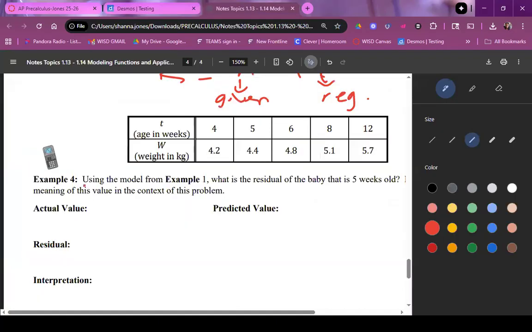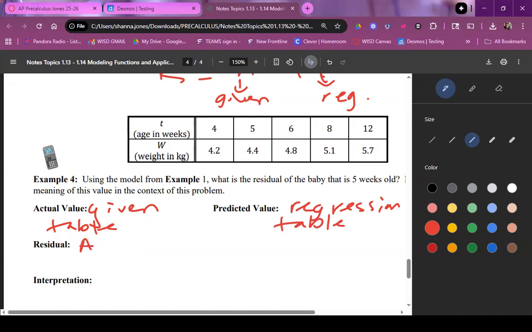Okay. So when it says, what are your actual values? Well, those are my actual values that I just got, right? I'm not going to write them out. We see them. These are from your table. So your actual values come from your given table. Your predicted values come from your regression table. Okay. Your residual is the difference between the two. So your residual is going to be your actual minus your predicted.